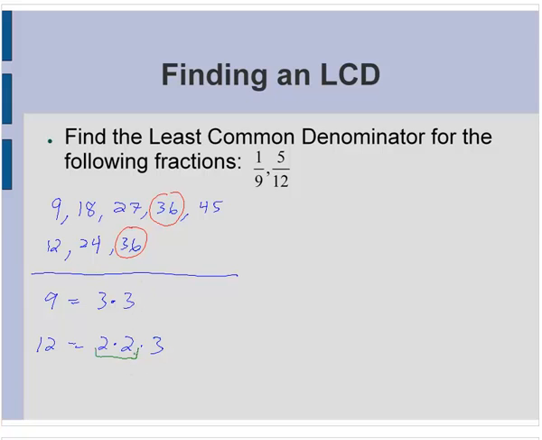And we have 3's. What is the largest number of 3's that shows up in a single factorization? 2 3's. So then the LCD would be 2 times 2 times 3 times 3, which is 36, the same thing we got in the previous exercise.